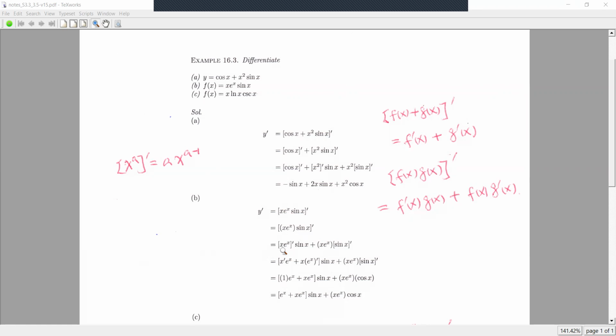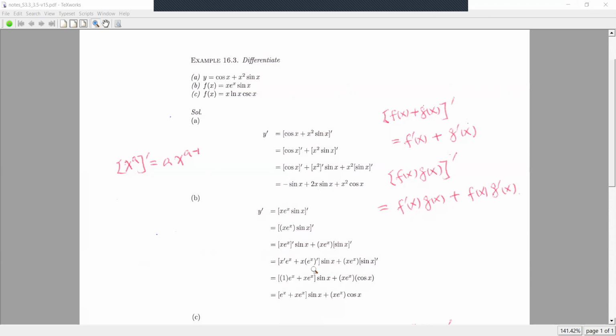To compute this derivative, because the function is a product, function x times function e to the x, apply the product rule to this derivative. Then we get this equation. Now, derivative of x is 1.